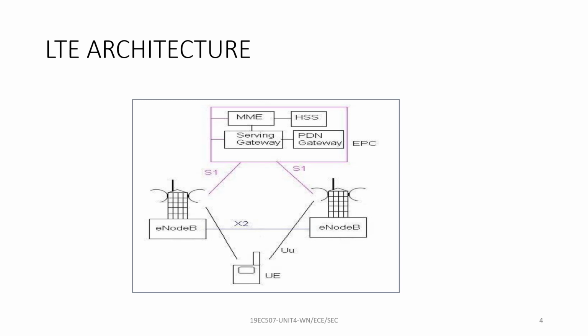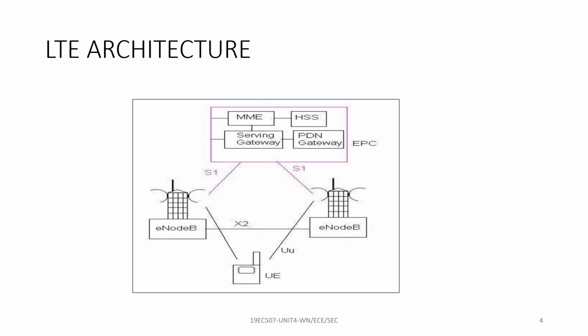Focusing upon the LTE architecture, there are three key components here. The first one is the user equipment, UE. The second important key component is E-UTRAN, which we have already discussed in the previous class. It is the Evolved UMTS Terrestrial Radio Access Network.